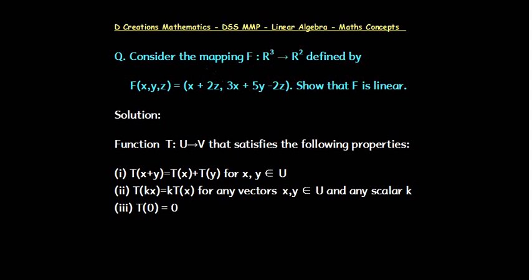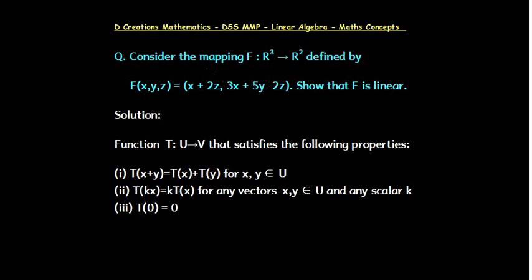Now basically we need to verify the conditions for a linear transformation. Those conditions we have already seen in the previous session. Since the transformation is going from R cube to R square, R cube is U and R square is V. So for any vectors x, y belonging to R3, T of x plus y has to be equal to T of x plus T of y.